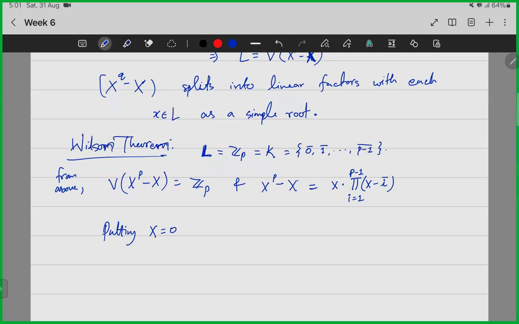First, let's cancel x because there is a factor x, right? But this will imply that x power p minus 1 minus 1 is equal to this product from i equal to 1 to p minus 1 of x minus i. And these are all equations mod p.